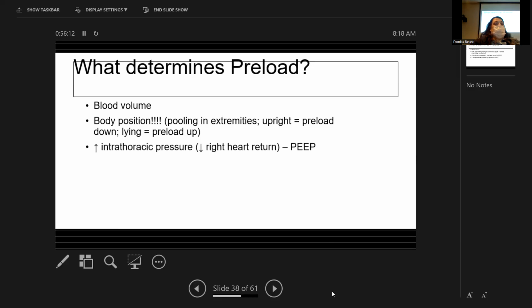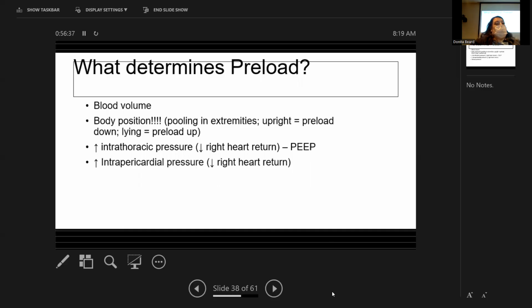Increased intrathoracic pressure will also decrease preload. That is why some patients, when you intubate them, may not do as well, because you're automatically giving them PEEP. And so you're putting a lot of pressure and giving them increased intrathoracic pressure. And so you can decrease preload to the heart. You decrease venous return because of that pressure.